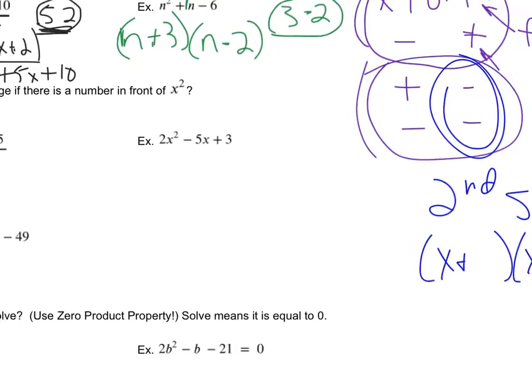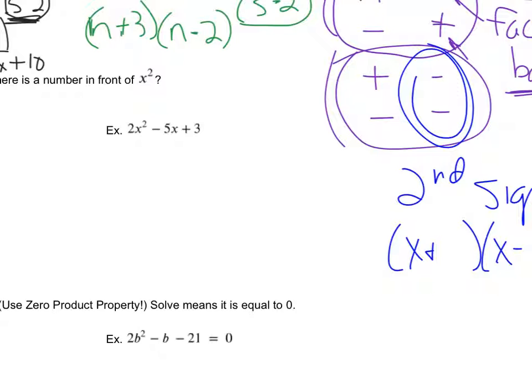All right, so now over here, if I take 2 and 3, that's going to be 6 and 1. Well, now I need to get negative 5. To get negative 5, finish off the factors of 6 there. I could go minus 6 plus 1.